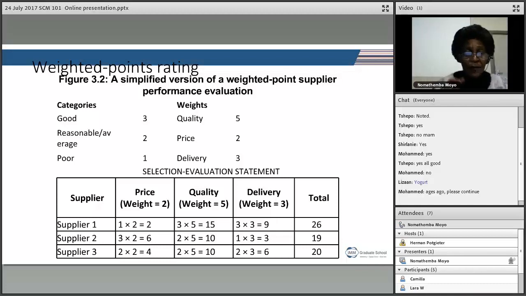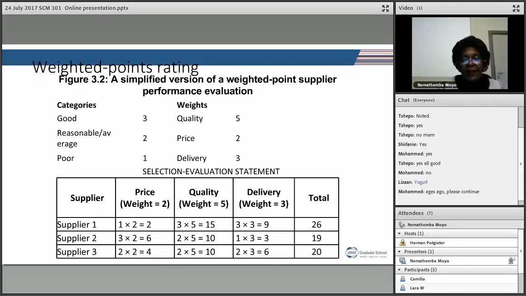The criteria are in your book, in detail. For instance, you can have good being 3, reasonable being 2, poor being 1. And then you look at what you'll be evaluating.